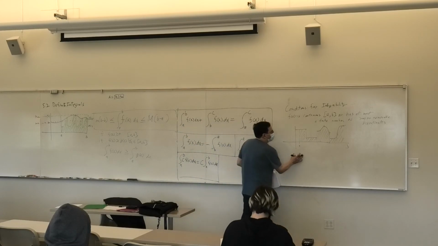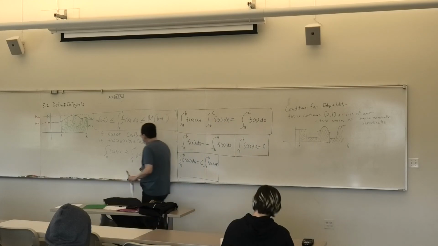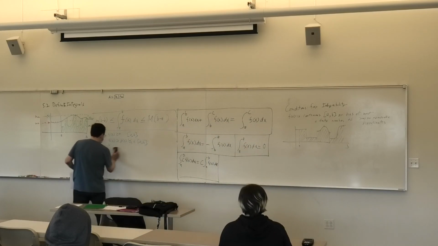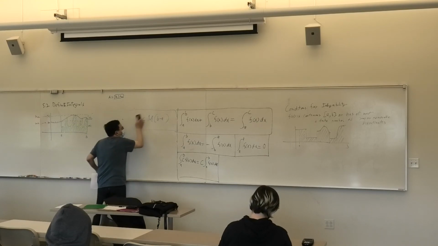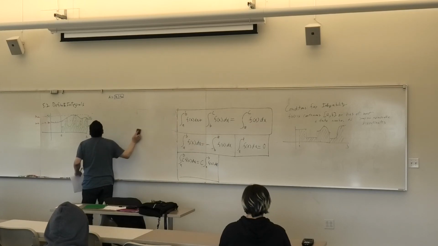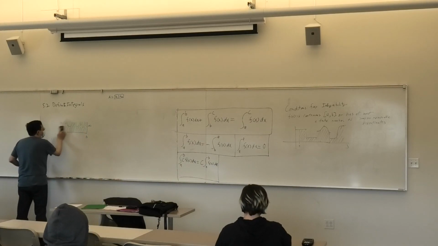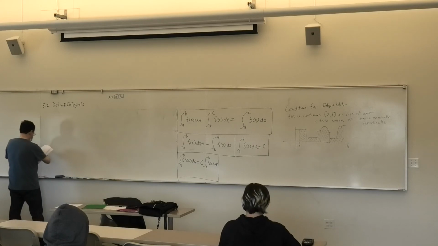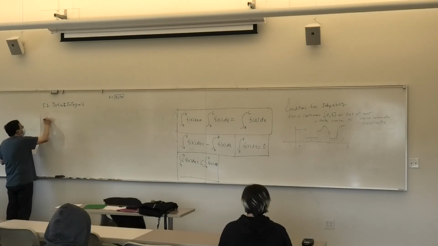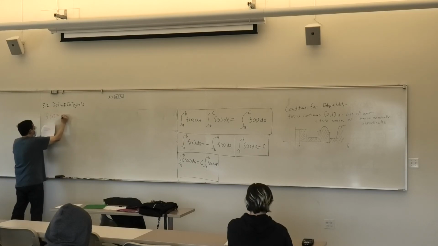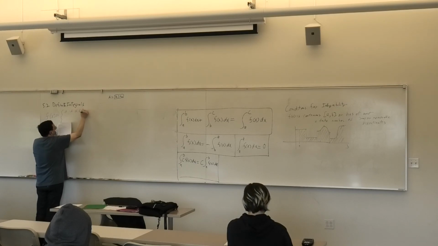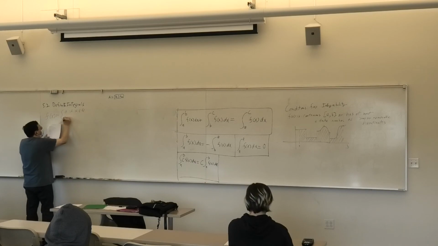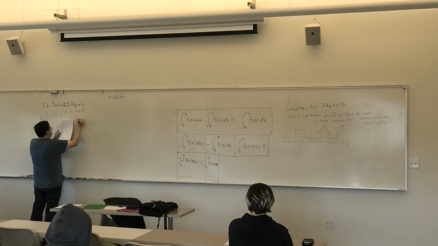There's a nice example of if those conditions are not fulfilled. That's this function we looked at before. It says f of x equals 0 if x is irrational, 1 if x is not irrational.